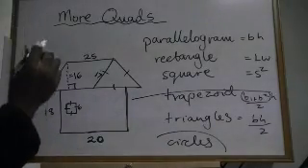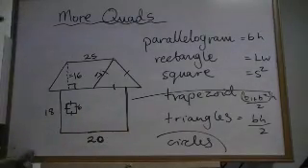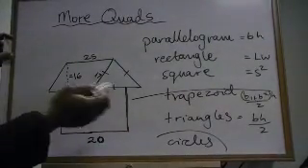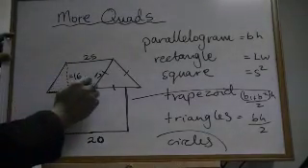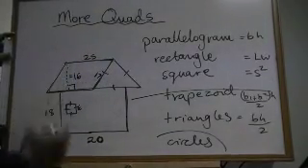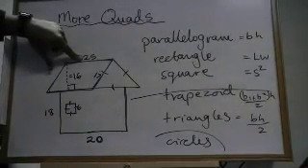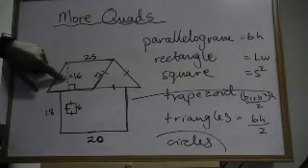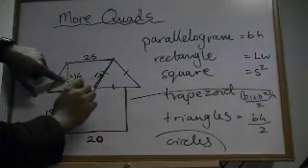Now, if I wanted to find the area of my little model here, I could start by calling this a parallelogram, which it is. It has a base of 25 and a height of 16. Not that. That is not the height. That's the slant.